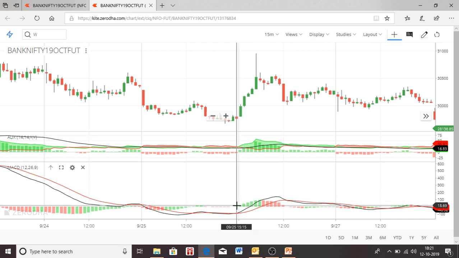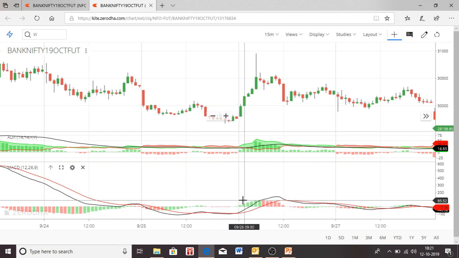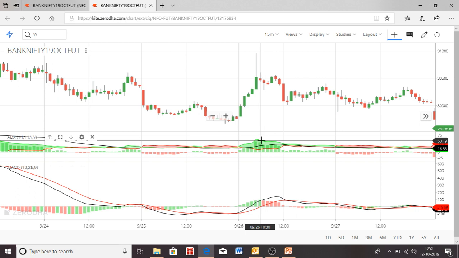Again, if these MACD histogram bars are reversing their direction, from the bottom polarity to the upside polarity, that's when we are taking our decision. That is the normal use of MACD and ADX.